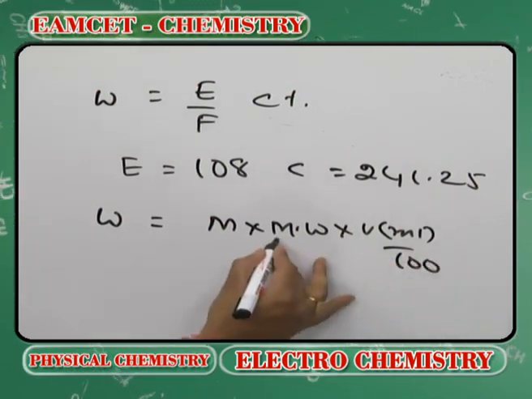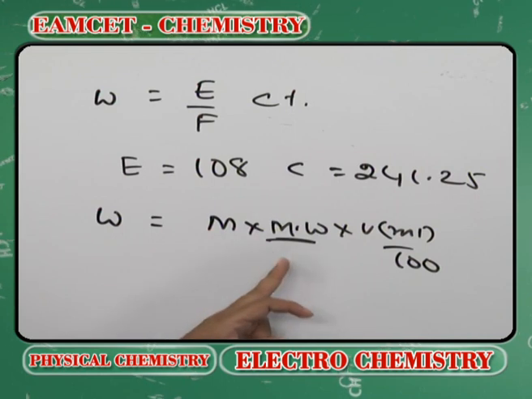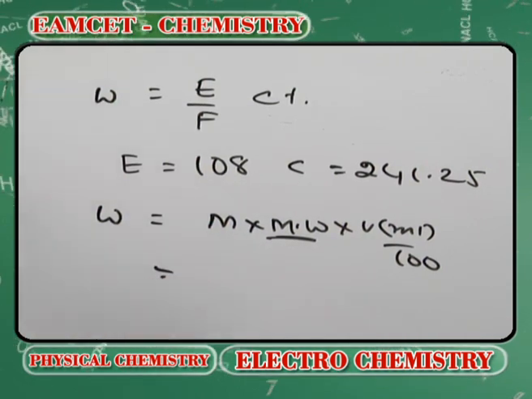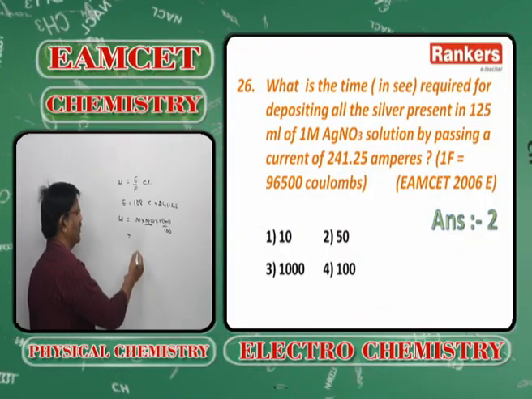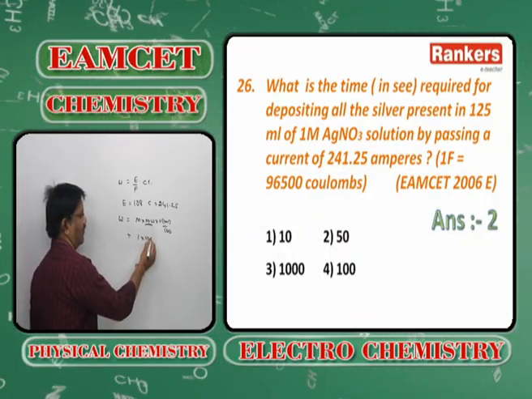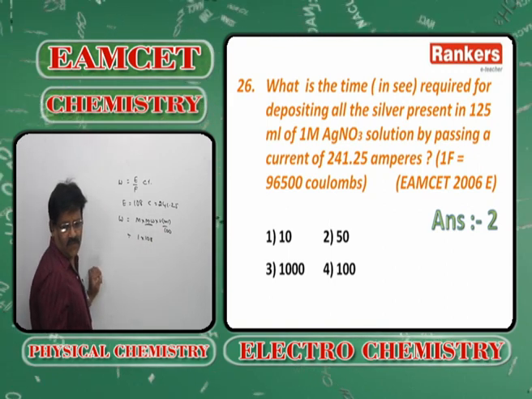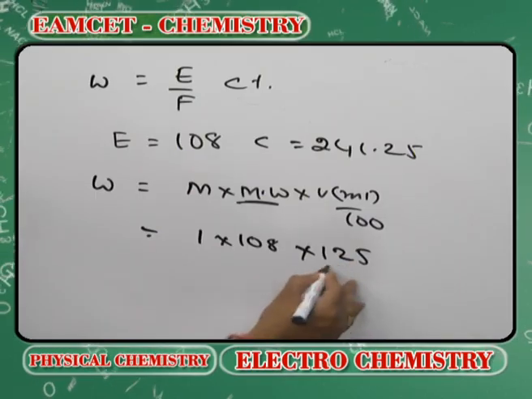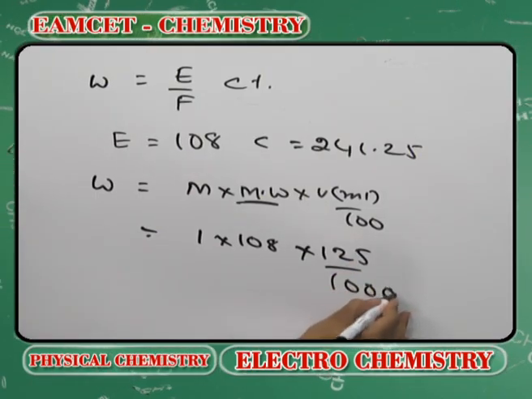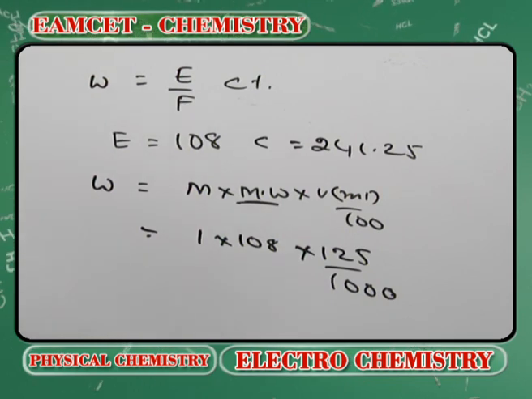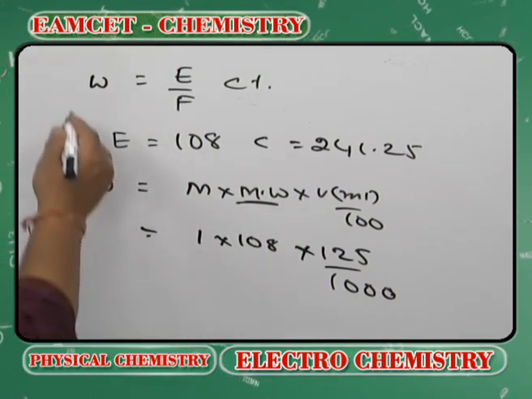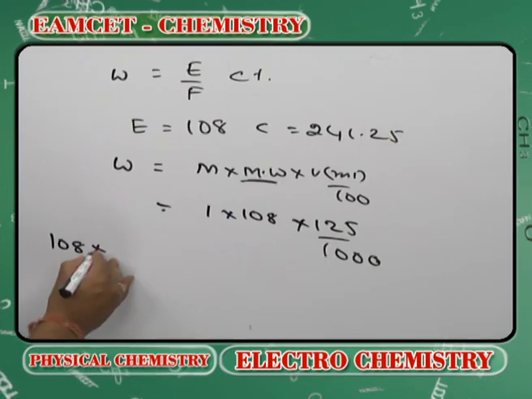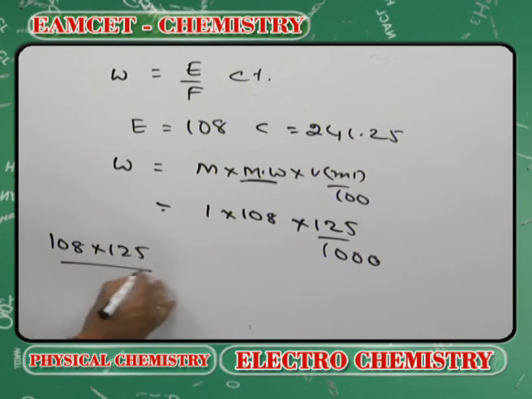Since it is silver, instead of molecular weight, we will write the atomic weight. What is the molarity given? 1, and 108. What is the volume? 125 ml, so 125 ml by 1000. This is the weight. Substitute here. W is equal to 108 into 125 by 1000.